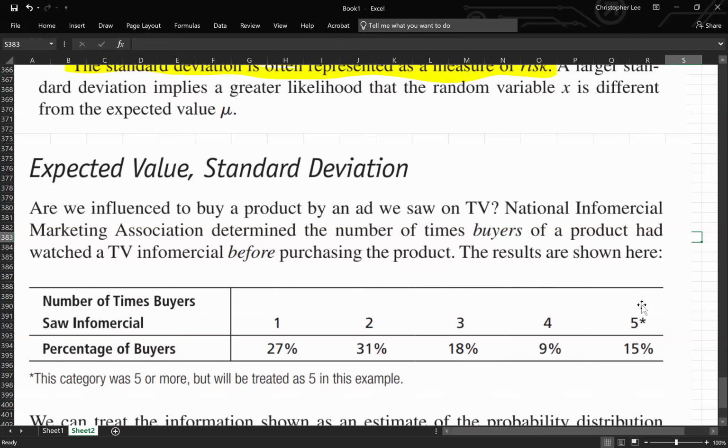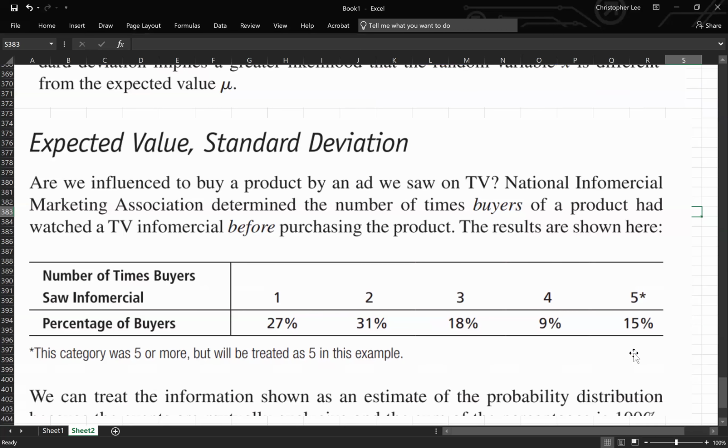So right here, you see where the 5 and a star is. These people may have seen a commercial at least 5 times to get into this 15% category. Just to make it easy math.